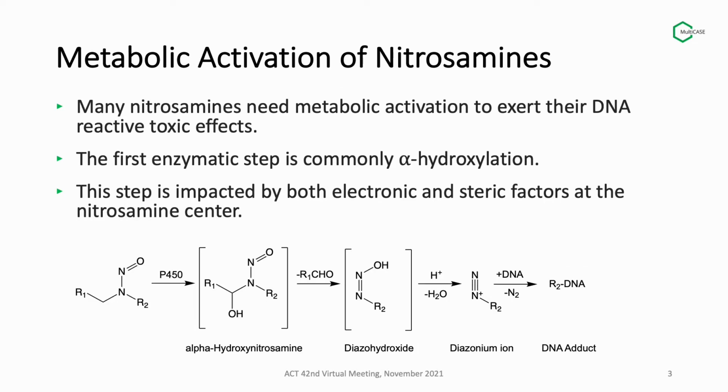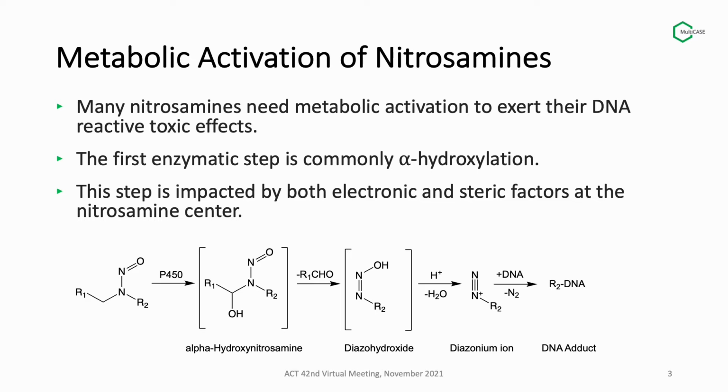One of the important aspects of the toxicity of nitrosamines is that many nitrosamines need to be activated metabolically to become DNA reactive. Their metabolic scheme in general is shown in this slide. As you can see in the last step, there is a formation of a DNA adduct via the formation of a diazonium ion.